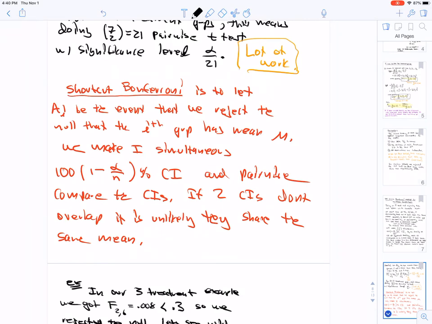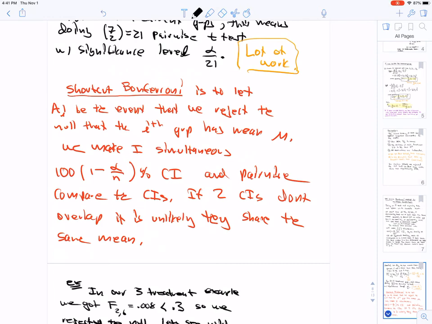We're going to make n simultaneous confidence intervals, each with significance level alpha over n, and we're going to pairwise compare these CIs.